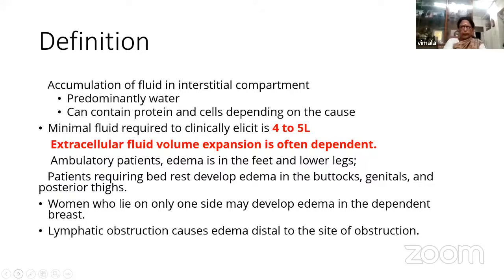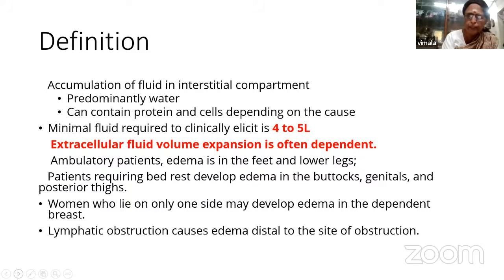So how would you define edema? Edema is defined as accumulation of fluid in the interstitial compartment. The interstitial compartment consists of around 10.5 liters of water in a 70 kg adult. If for some reason this 10.5 becomes 12 or 14, that gives rise to a situation of edema.